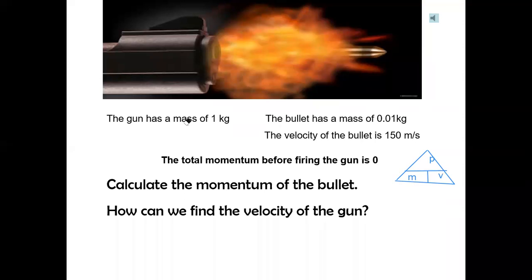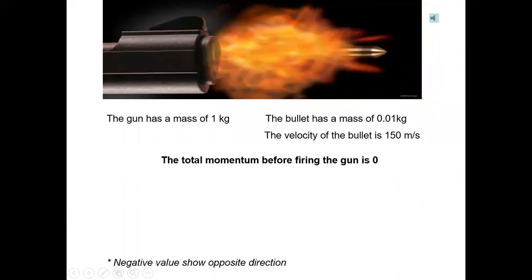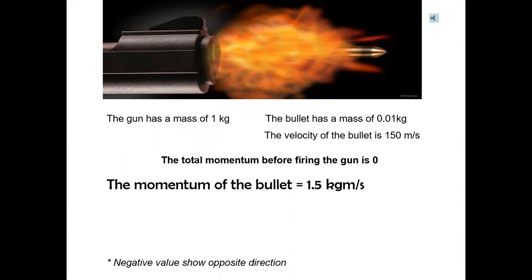Now we've got the mass of the gun, which is 1.5. Going back to what I said about conservation of momentum, it stays the same. It does not change. The momentum of the bullet, as we said, is 1.5 kgm/s. You can see here the total momentum before firing the gun is 0 because it's stationary.